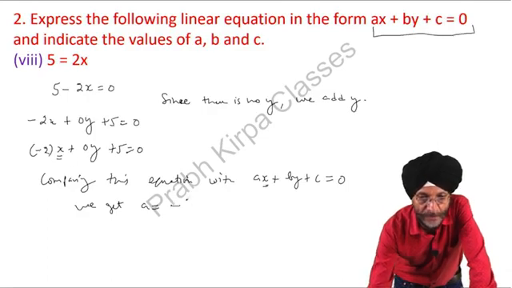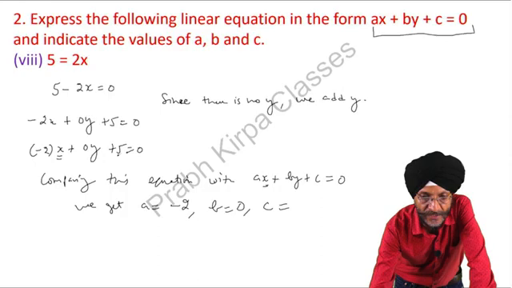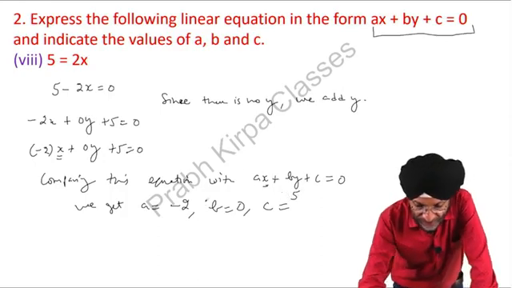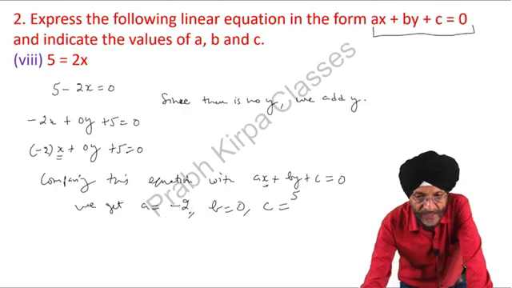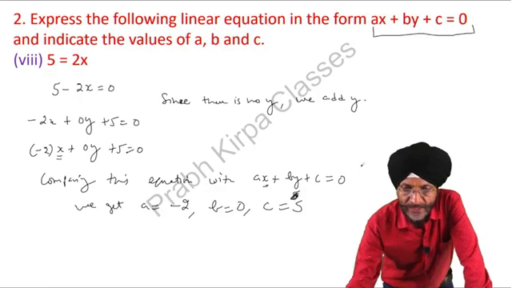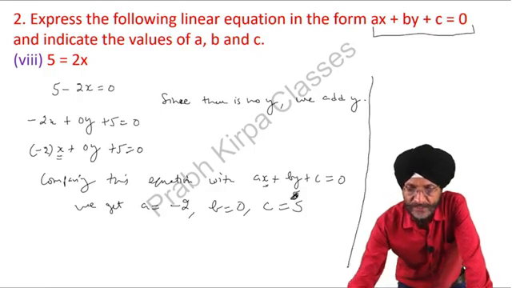A is minus 2. What is the value of b? It is 0. What is the value of c? It is 5. So we have arrived at the values of a, b and c. C is 5. We can also solve this question in another way.